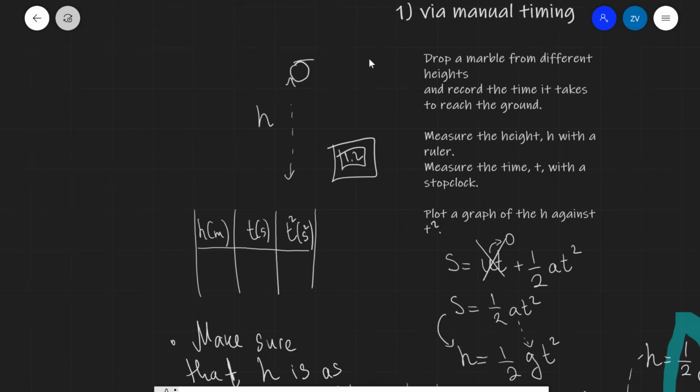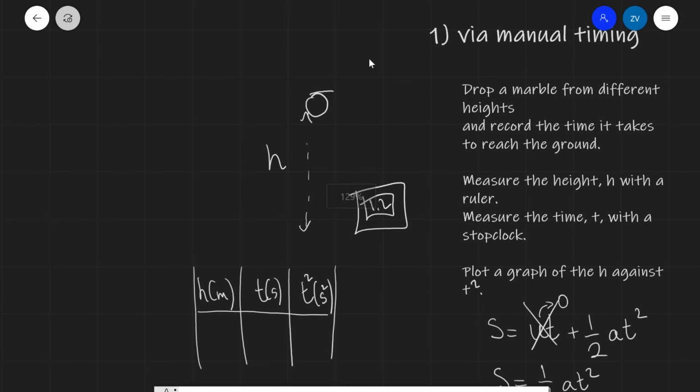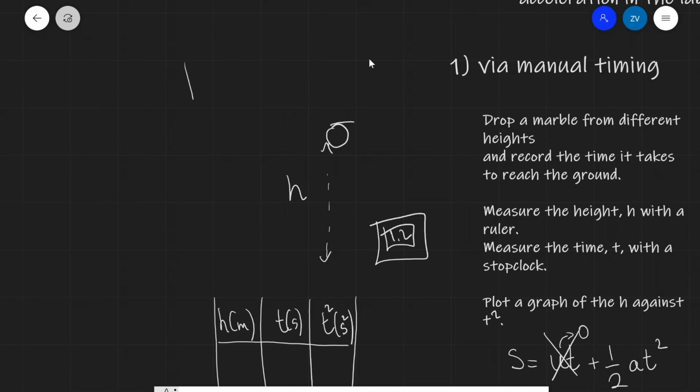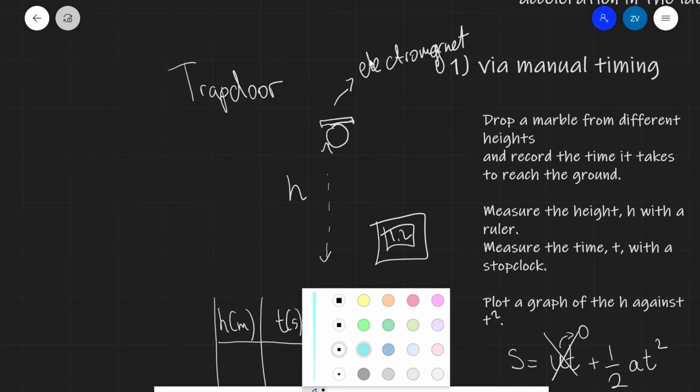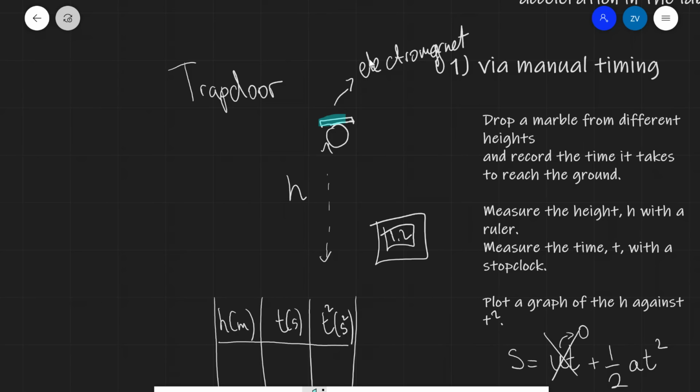Another thing that we can do to reduce the uncertainty is use a contraption known as the trapdoor. The ball is held by an electromagnet. This is my artistic impression of an electromagnet. I should draw this in a slightly different color, just to show that it's magnetic.